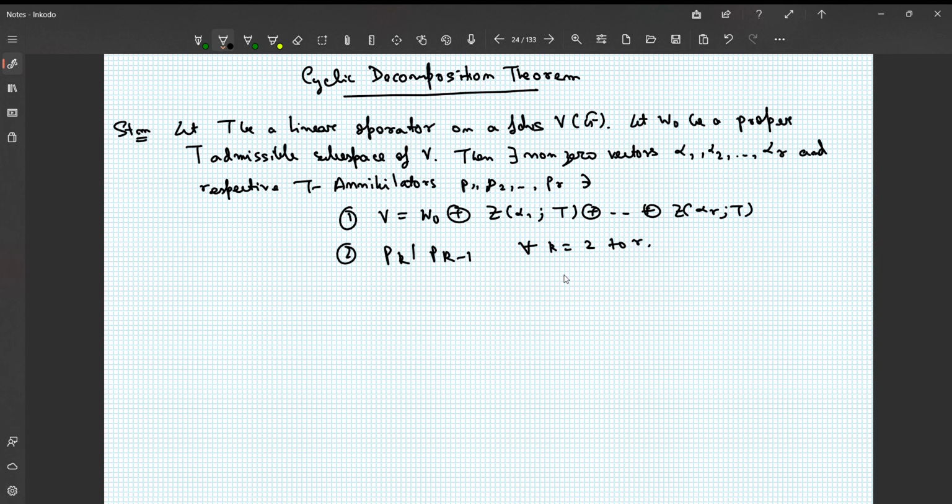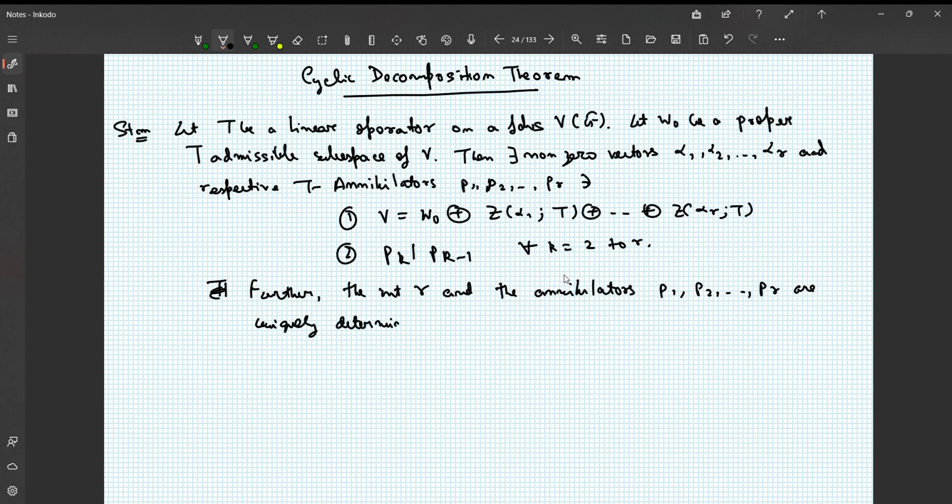Furthermore, we had a statement about uniqueness: the integer r and the annihilators P1, P2 till Pr are uniquely determined by 1, 2 and the fact that no alpha k is 0.